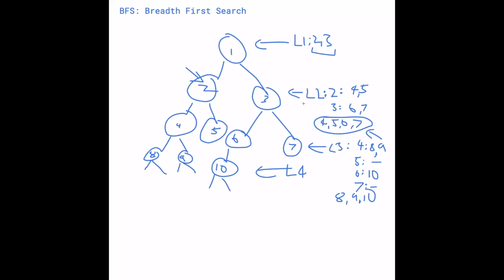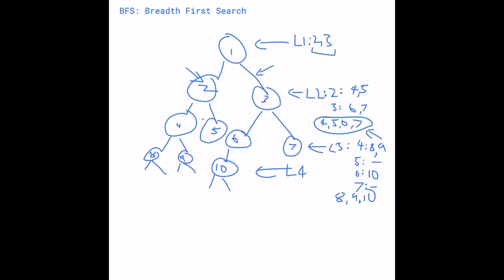And yeah, so what are some key properties about this type of graph traversal? Well, one, it always finds the shortest path in terms of the number of edges, which is what connects pathways between 2 nodes. You can always find the shortest path in terms of the number of edges.